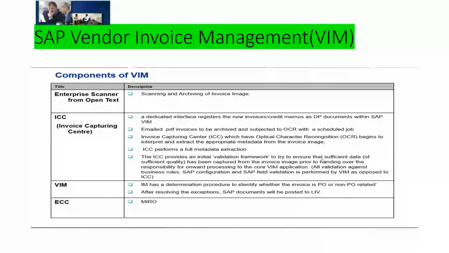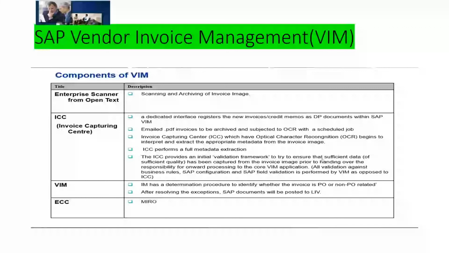So these are the components of VIM. This is the enterprise scanner. That means you are getting some paper invoices, right? There is an enterprise scanner through which you can scan those invoices and store them in a different folder where all the users can access it.